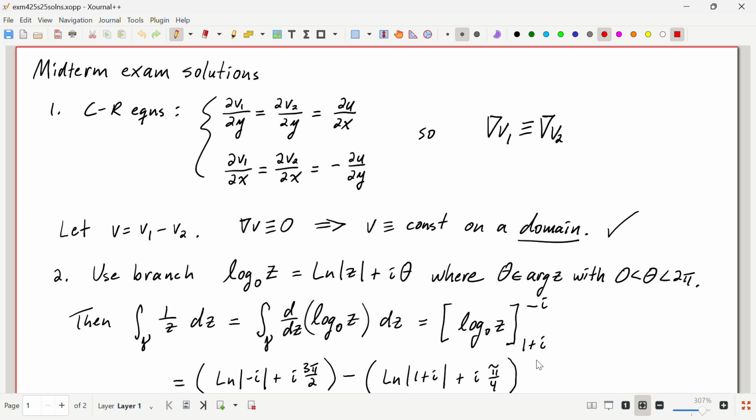The first problem was to show that if a harmonic function u on a domain has two harmonic conjugates, then the harmonic conjugates have to differ by a constant.